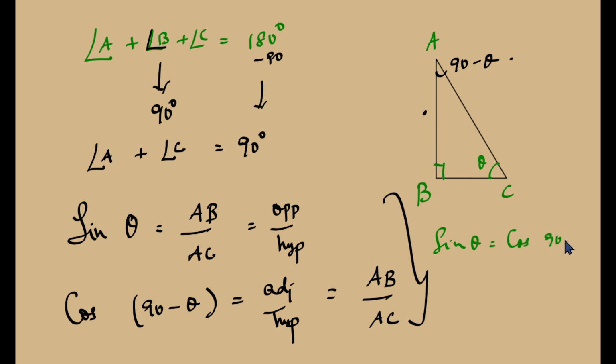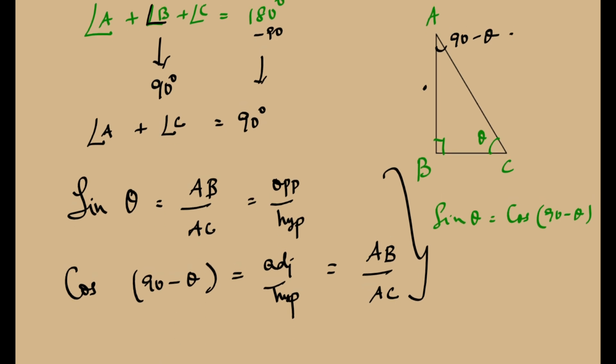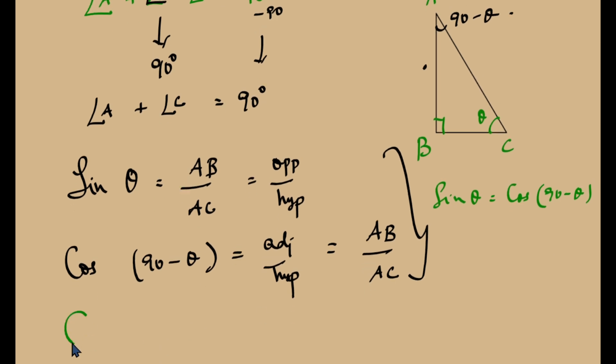Similarly, let's now start with cos of theta. So what do we have? Cos of theta would be adjacent by hypotenuse, by definition BC by AC, and the adjacent of theta would be the opposite of 90 minus theta, isn't it? So it would be the opposite by hypotenuse of 90 minus theta.